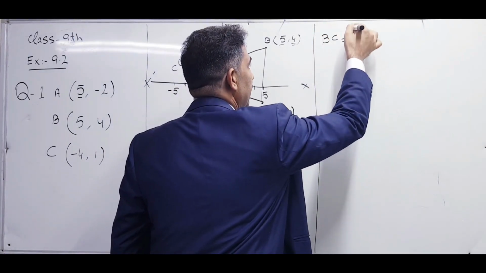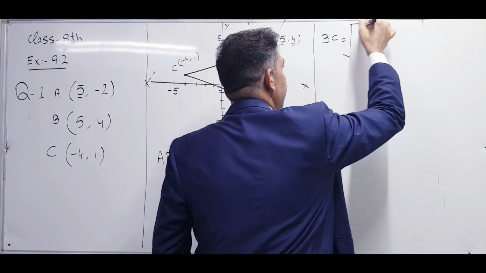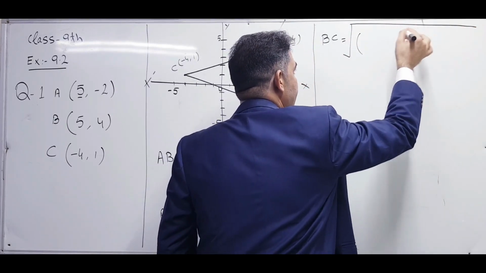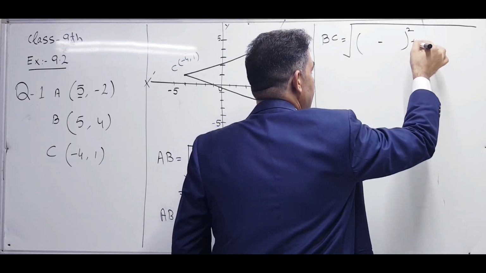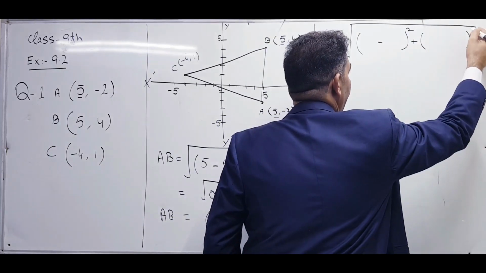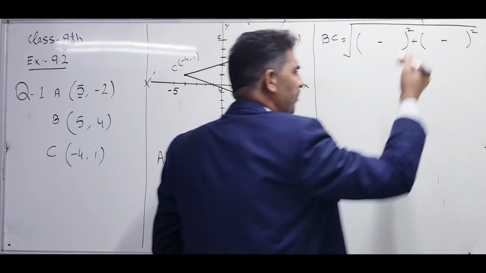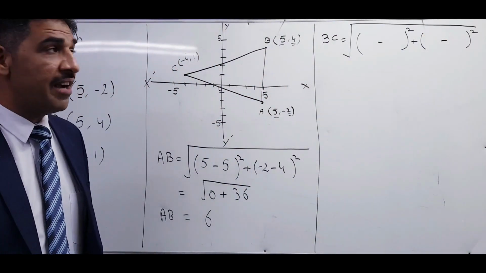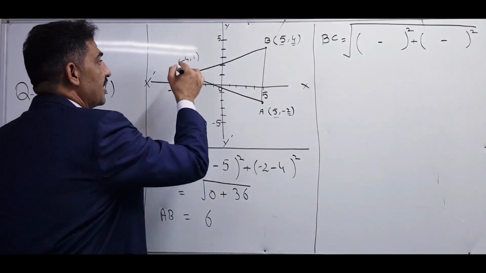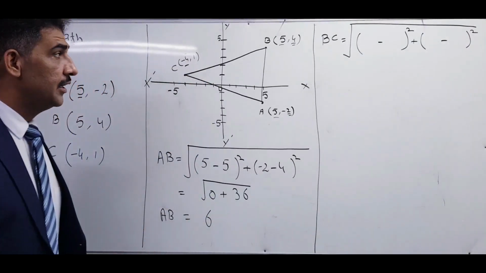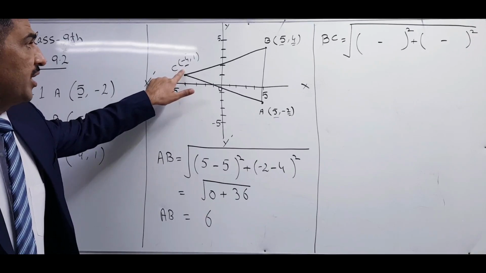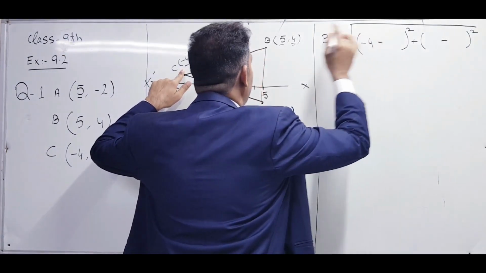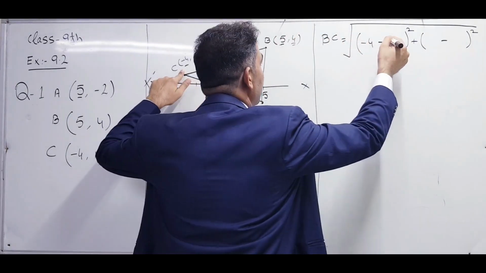According to the formula, here we use the bracket because that is the demand of the formula. Then we fill in the places. For BC, in the first bracket we have to fill in the x coordinates. So I will start by writing minus 4, x2 minus x1, that is 5.